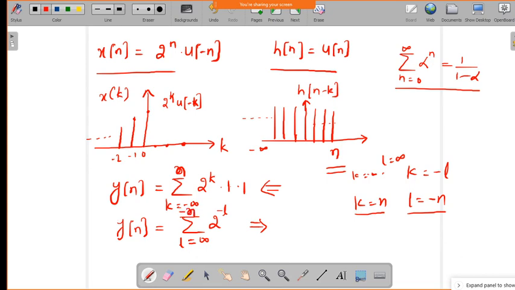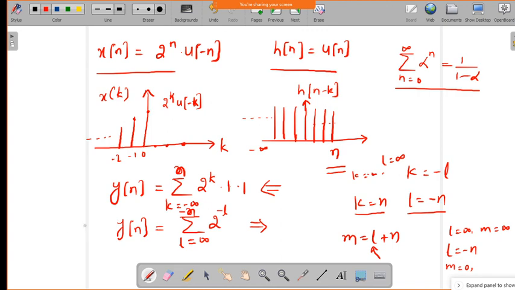Now again we need to take it in an expressible form, so I will take m equal to l plus n. When l equals minus n, your m equals 0, and when l equals infinity, your m will also become equal to infinity.